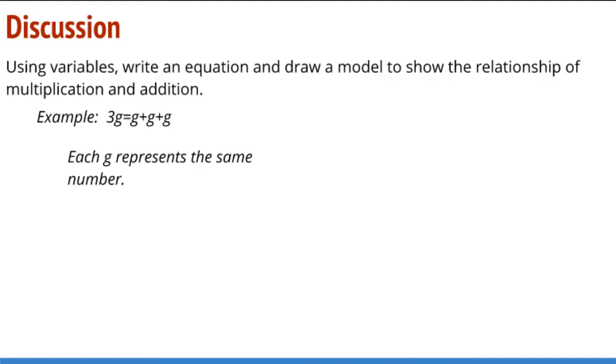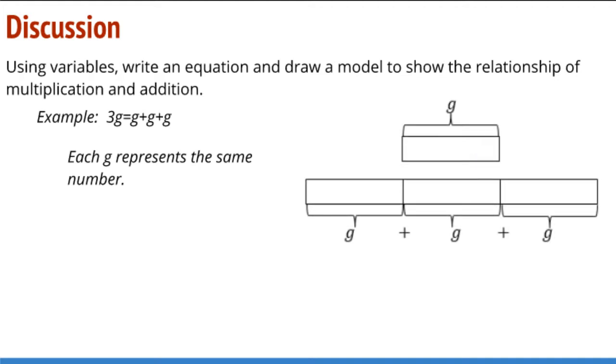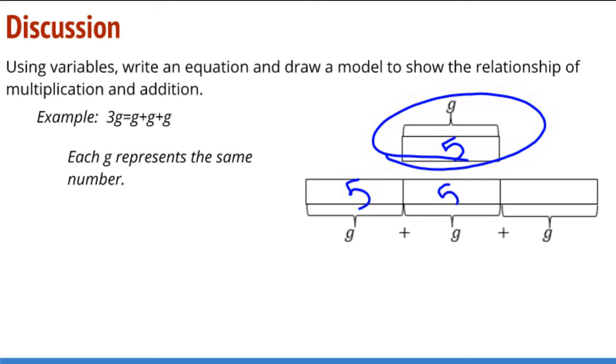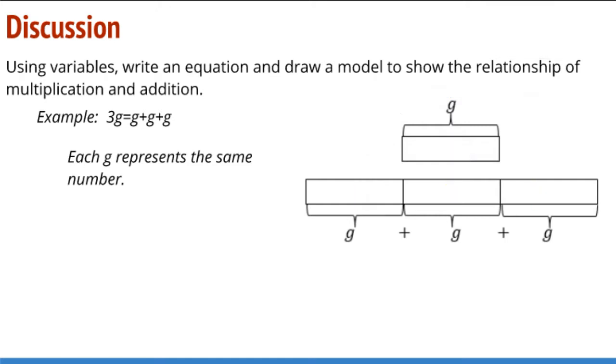So I drew you one model. Here is another model that you could look at. So here we've got just G, some number, and here we have 3 of them put together. So maybe G could be 5, in which case each of these would be 5. So here we are in a general situation.